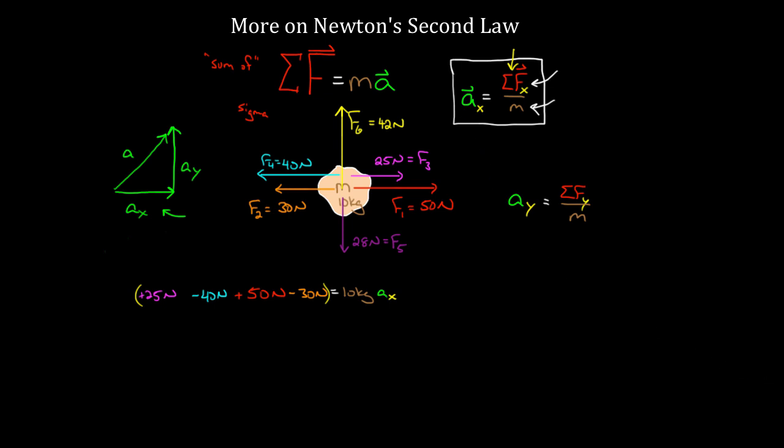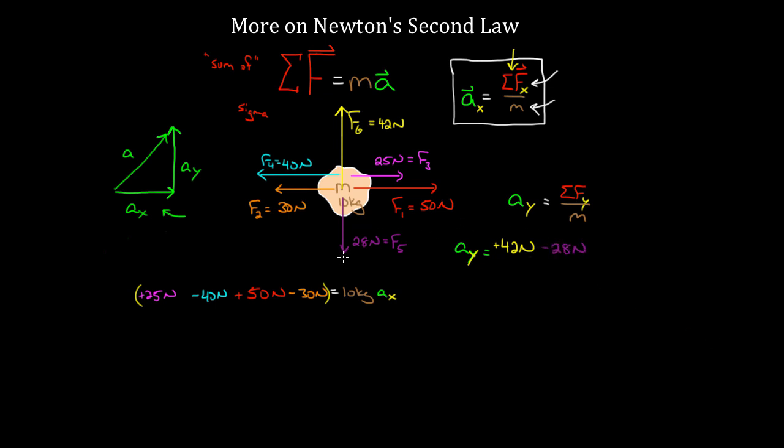For the y direction, we could say that acceleration in the y direction would be the net force in the y direction. So how do we deal with this? Only vertical forces are going to be affecting the vertical acceleration. So I can take this F6, which is 42 newtons. It points up. We're going to treat that as positive because we don't have a good reason to treat down as positive. 42 up, and that's the convention we usually pick. 42 minus 28, 28 points downward.